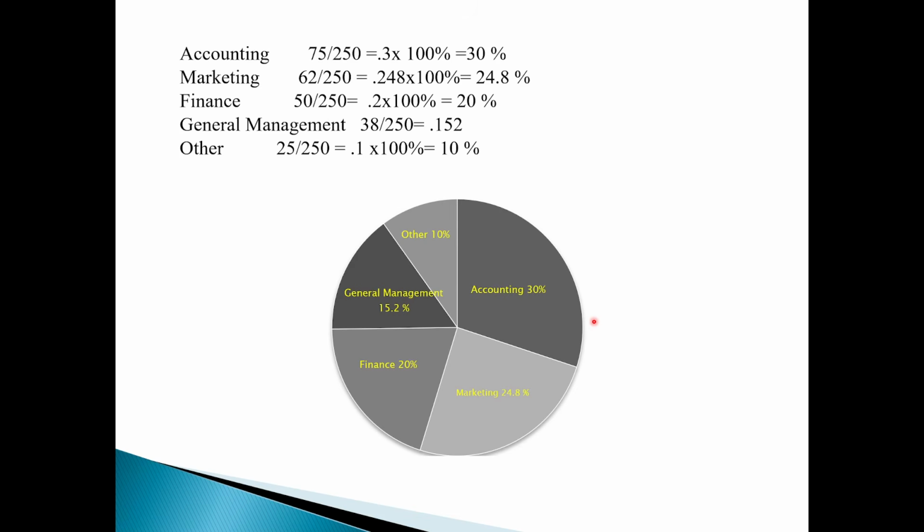And then, of course, you measure that with your protractor. You create your circle, measure it with your protractor, and then you put labels for it. So accounting 30%, marketing 24.8%, and so on. So that's essentially how you will create your pie chart.